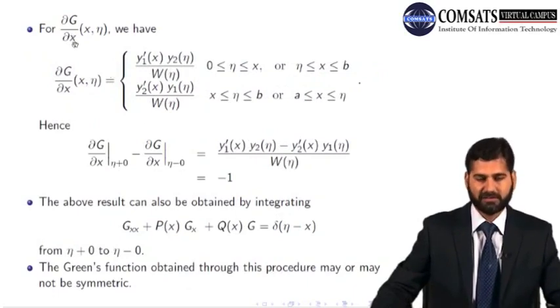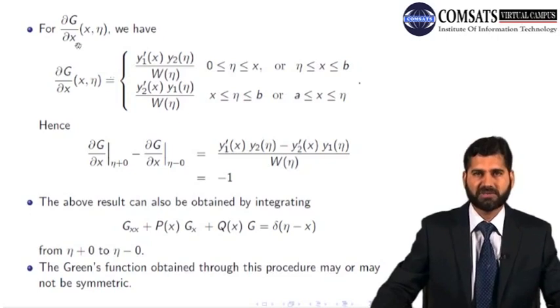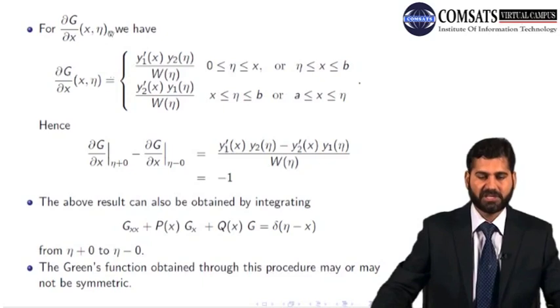For g of x, we know that the derivative of g with respect to x should have a jump discontinuity. So if we differentiate our function with respect to x, this is what we get, because only the x part will get differentiated, the eta part will remain there.